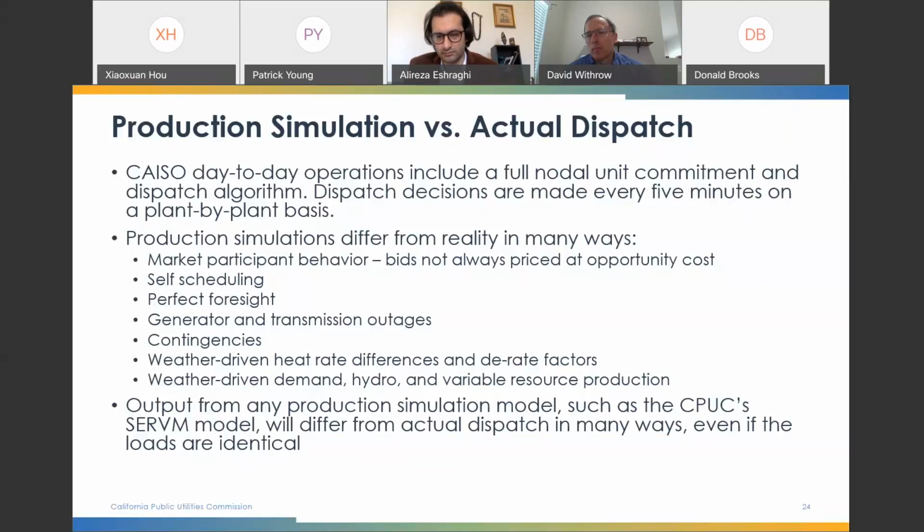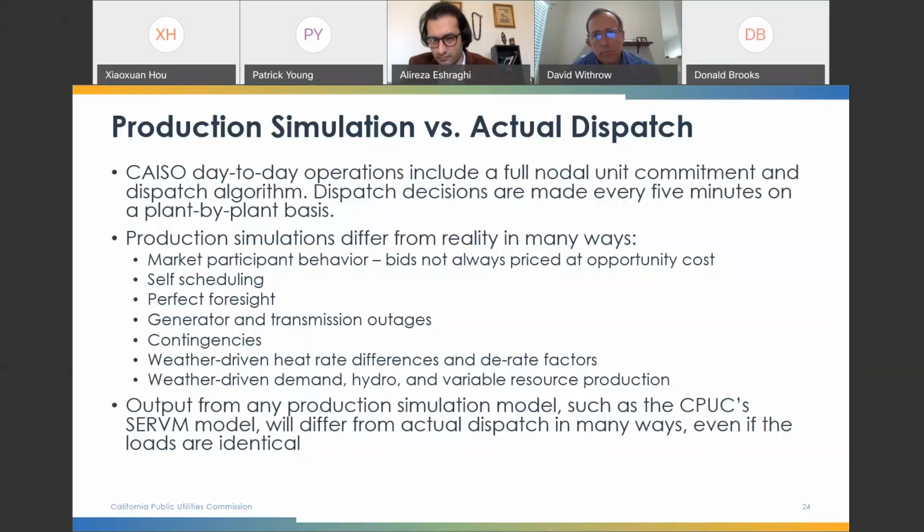You might want to model more general conditions or a range of conditions when you simulate future years. So there's a number of reasons that production simulations are expected to diverge from reality, and you take that with a grain of salt in the comparison. And there's one actual category of differences that we put into this type of difference.